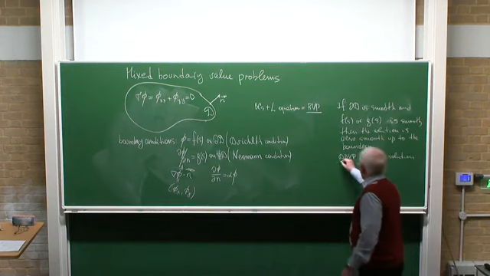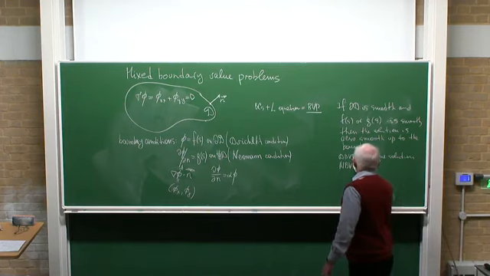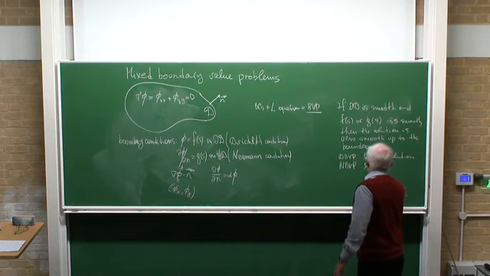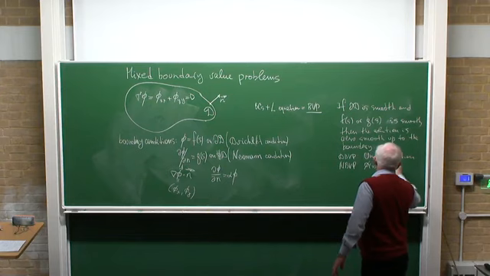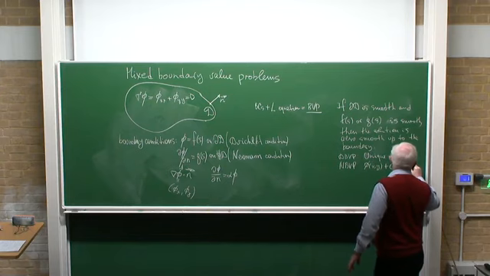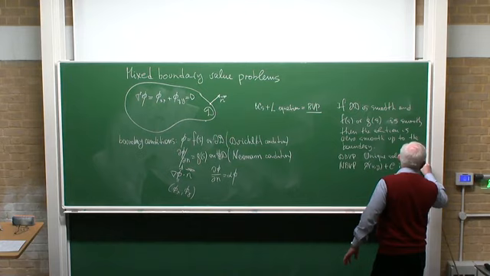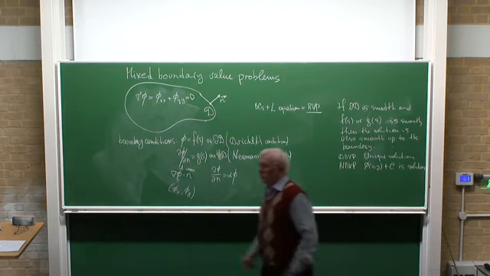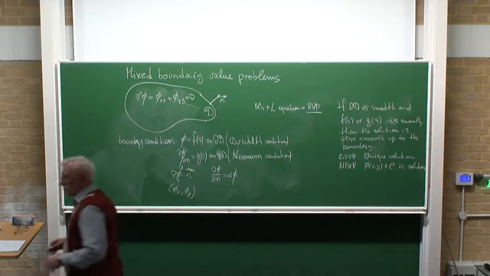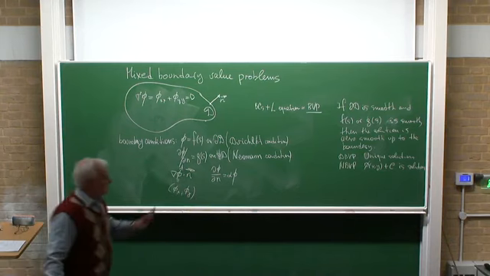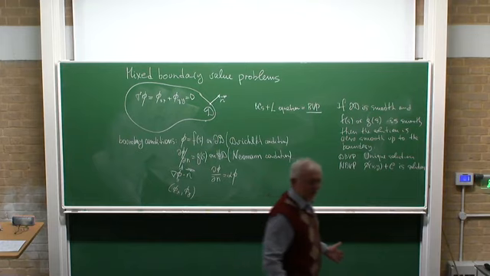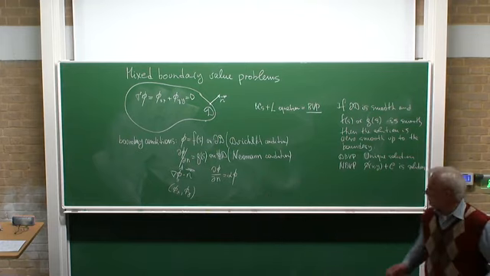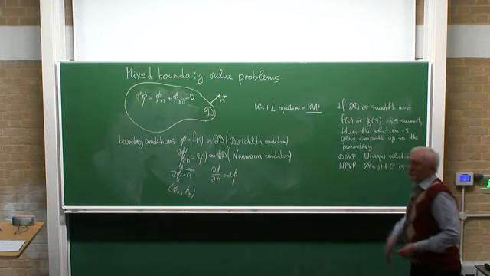As to the Neumann boundary value problem, if phi of x, y is a solution, then we add any constant, and it's again a solution. So it's not a unique solution, but we know up to which level the solution is not unique.